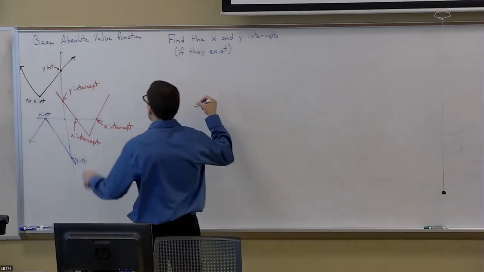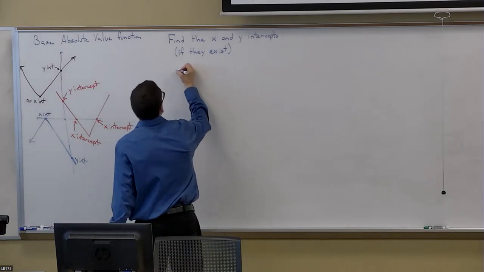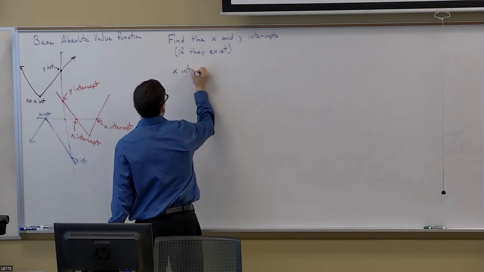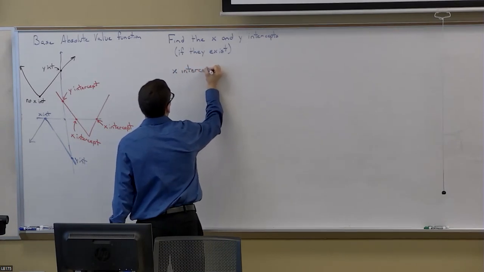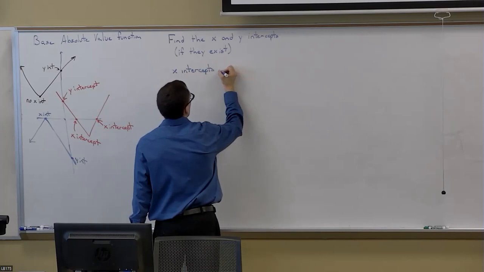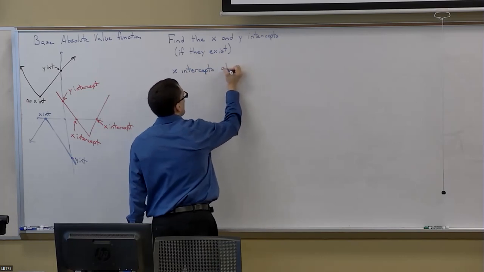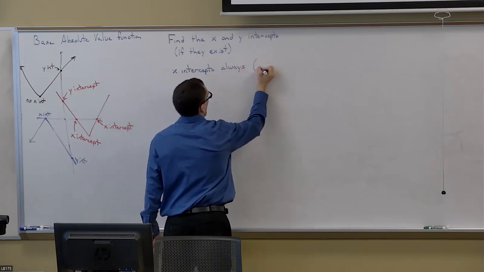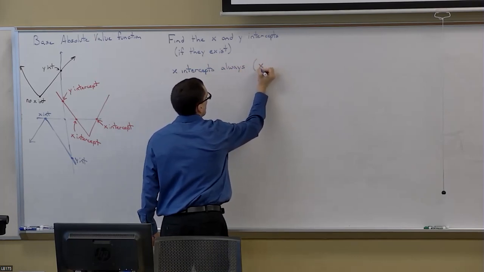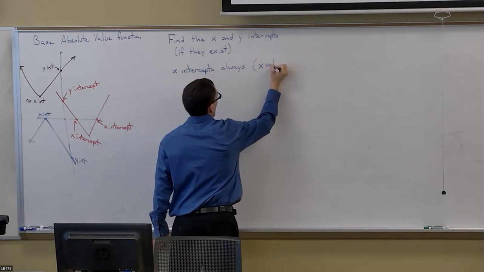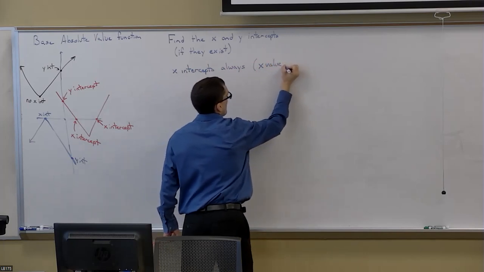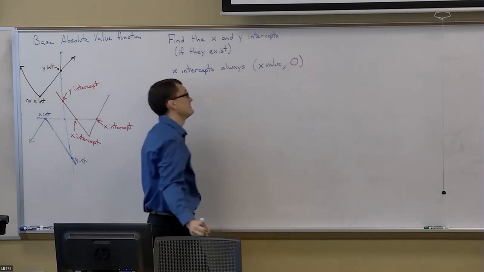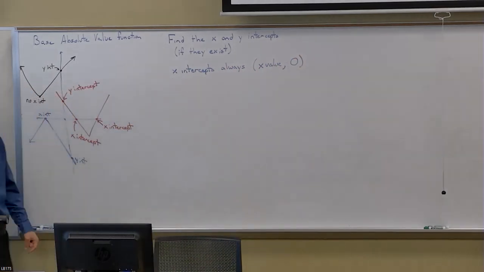Now, I want to also point out that x-intercepts always have the form of some x value in the x spot and 0 in the y spot.